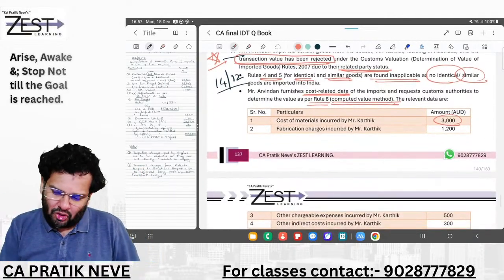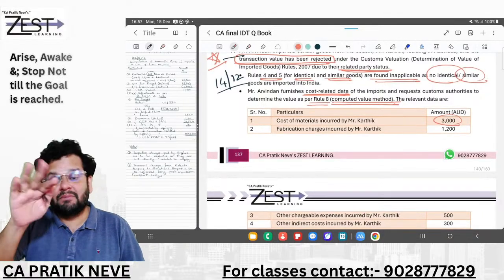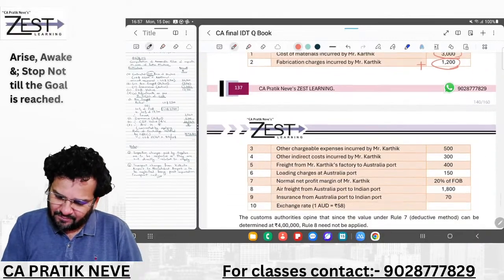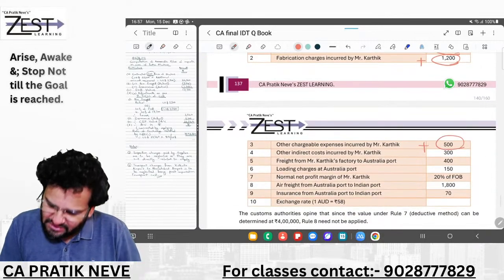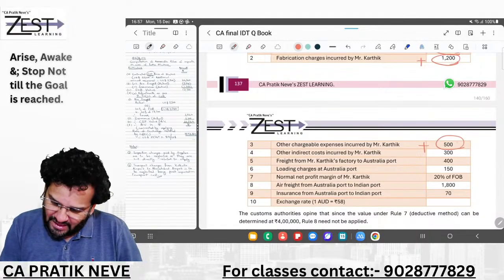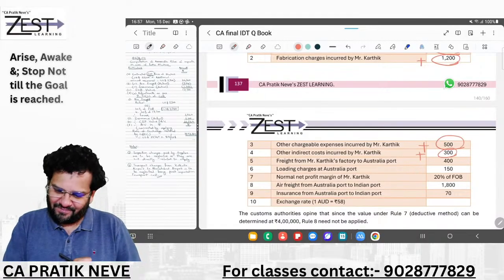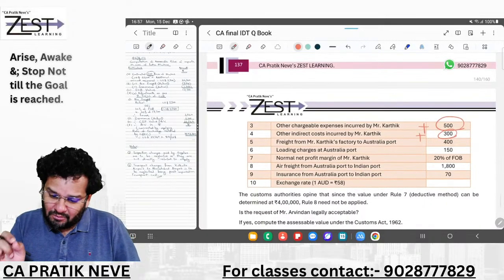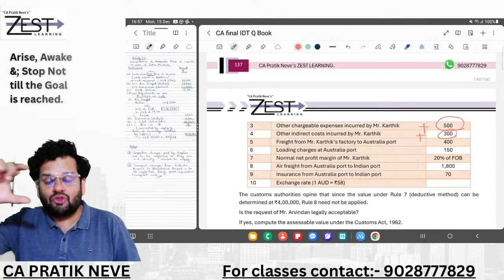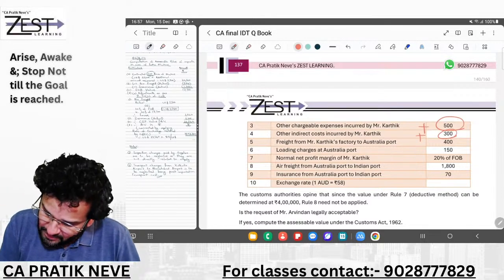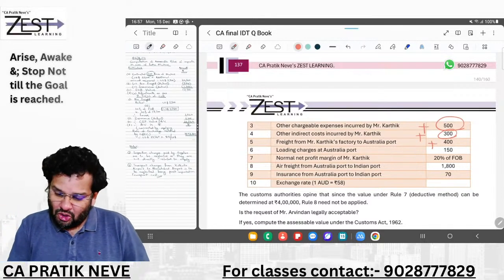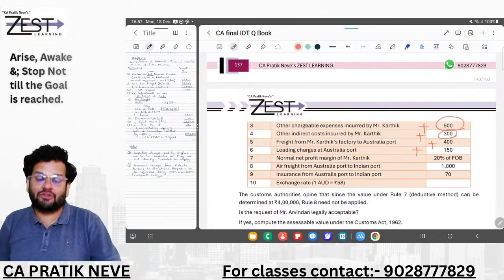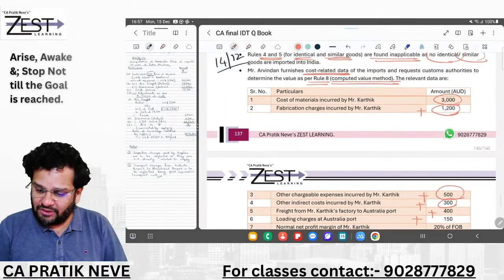So check, cost of material incurred by Karthik means exporter's cost plus exporter's fabrication charges plus other chargeable expense. All of these are cost and other indirect costs. Then freight from Mr. Karthik's factory to Australia port is also part of cost. Loading charges at Australia port are also part of cost. So friends, all of these are cost.